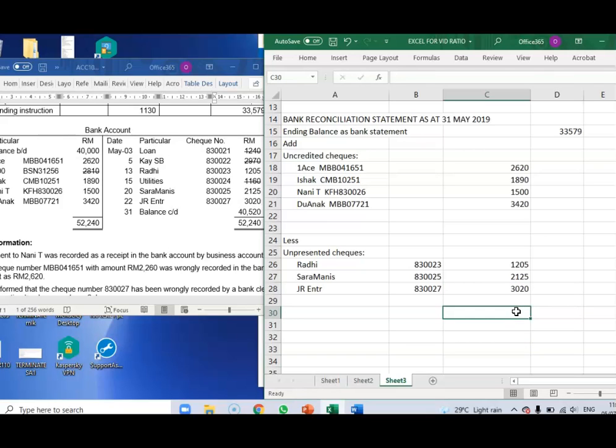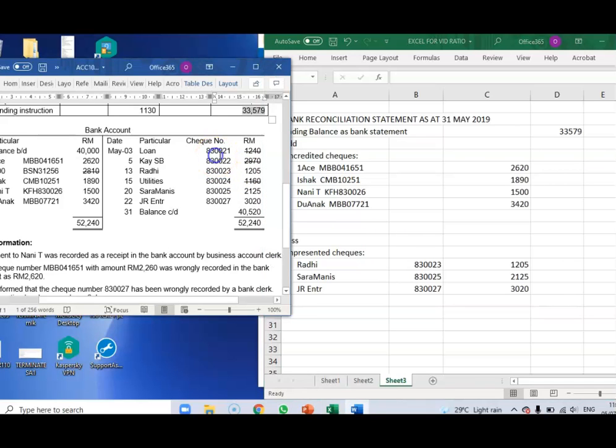Okay, once we transfer all of it, before we look into additional information that explains if there is any error, we need to look at any checks that actually belong to last month or the prior months.